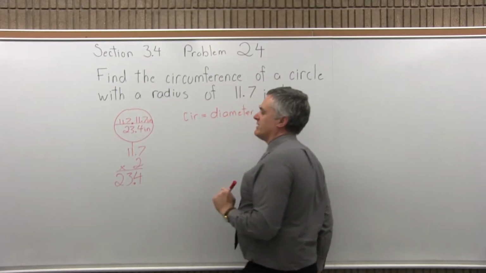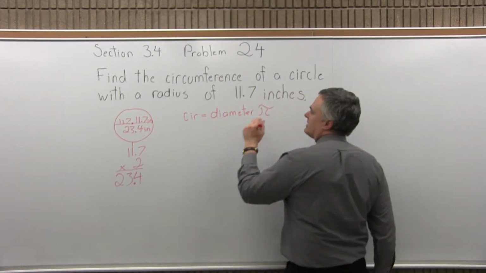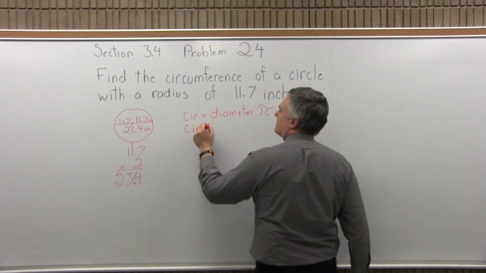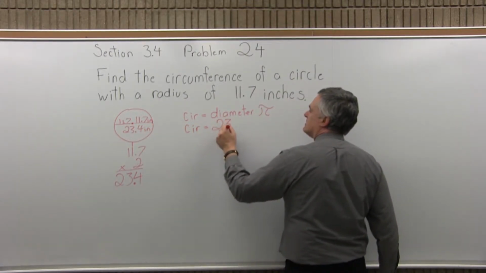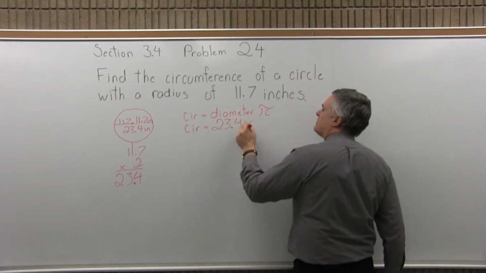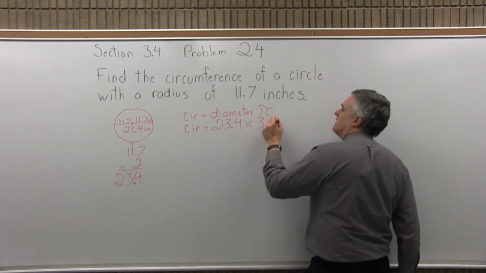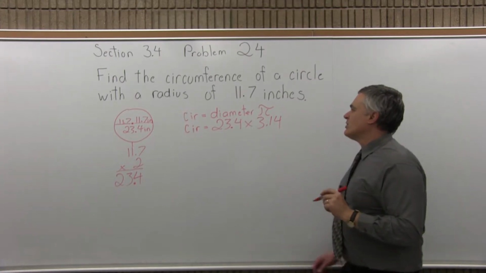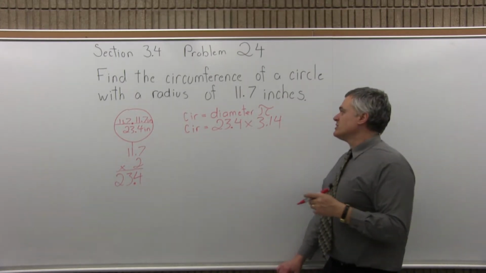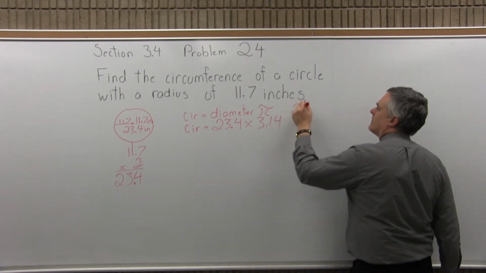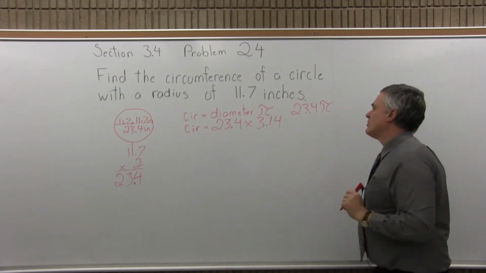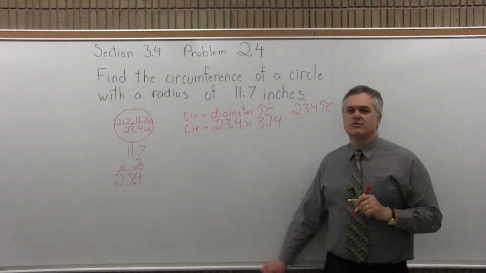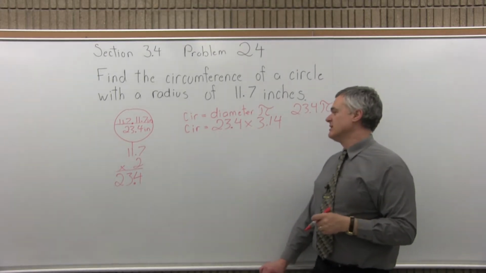halfway is 11.7. So the circumference being the diameter times pi, the circumference will be the diameter, 23.4 inches, times pi. And again, for pi, we can put 3.14. Some people would just leave 23.4 pi like this and say that you can put as many places after the decimal for pi as you need for the amount of accuracy you need.